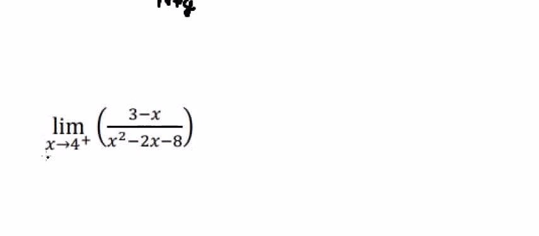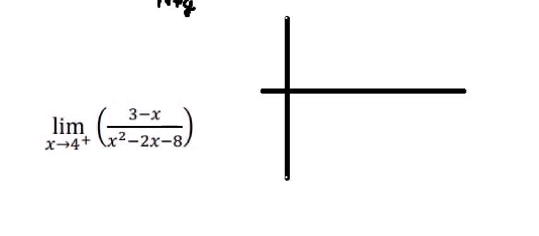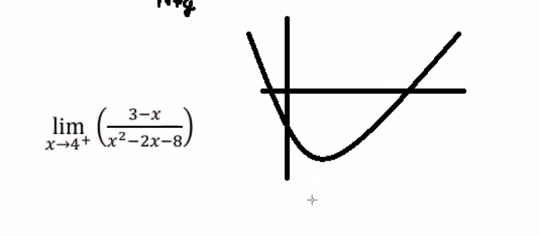The next one, we have the limit as x approaches 4 from the positive side. So we need to graph the function of this one. If we graph the function, we have two solutions. If we set x squared minus 2x minus a equal to 0, it should look like this. So the number 4 is here.